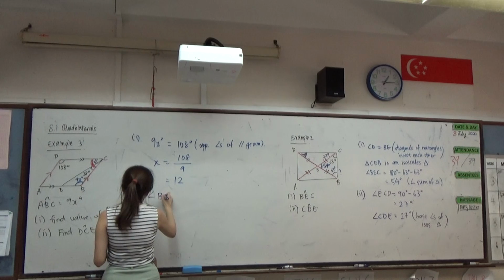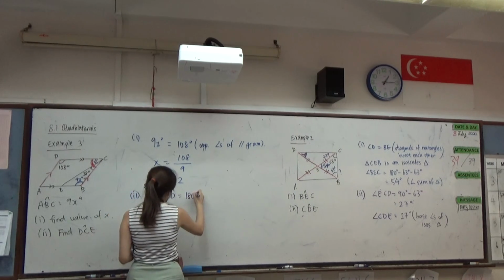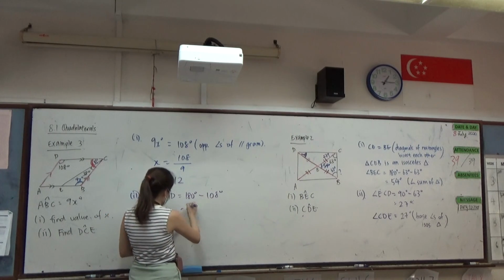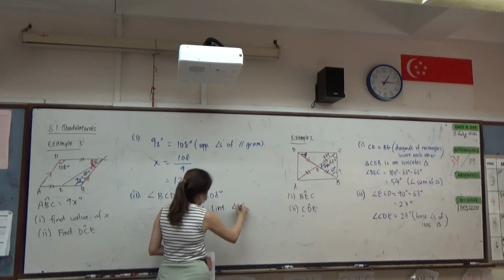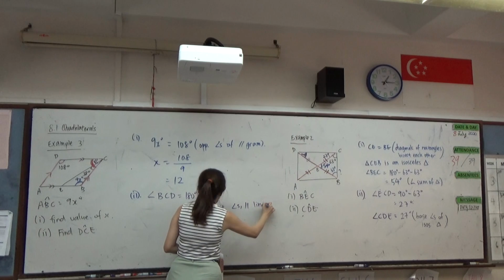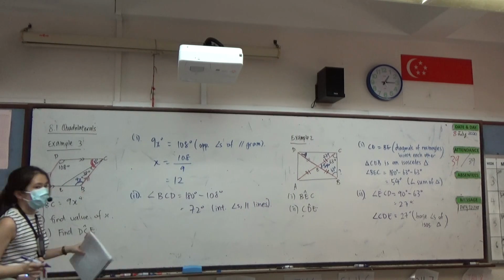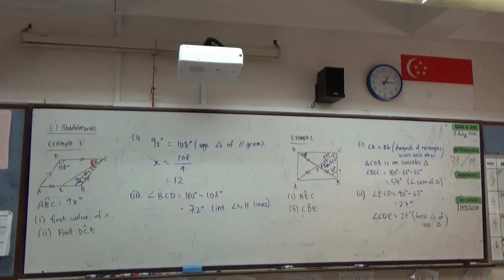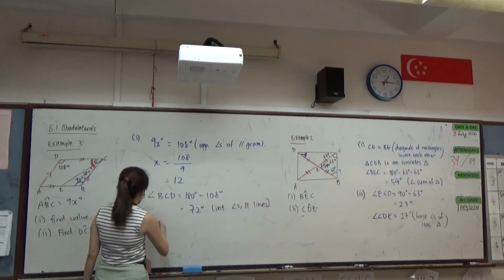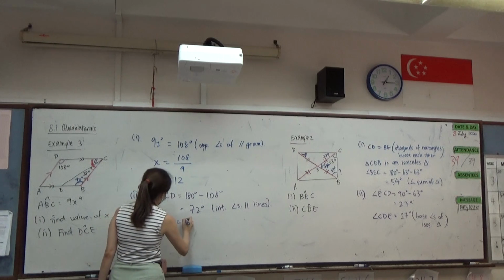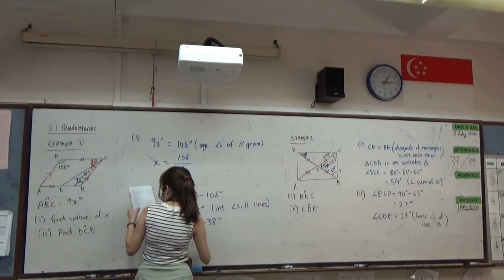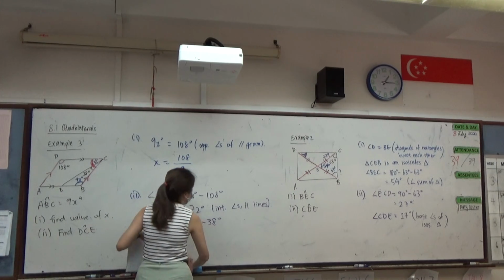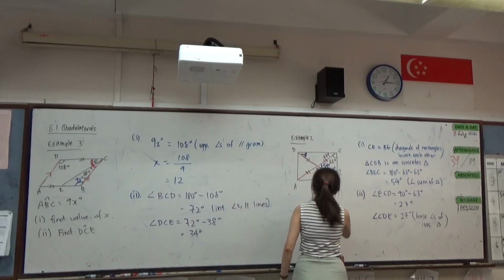Angle BCD is 180 minus 108 degrees because of interior angles, parallel lines. Okay? Understand? Then after that, we have angle DCE to be 72 degrees minus 38 degrees. It will be 34 degrees. Okay?